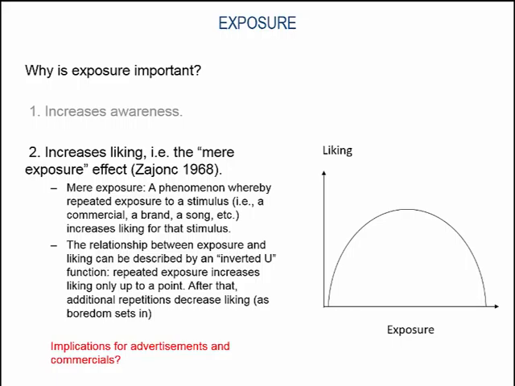Now, think of the implications of this in a marketing context, and in particular, for decisions such as how often to run a commercial. Marketers have to find the fine balance between too little exposure or too few repetitions and too much exposure or too many repetitions.